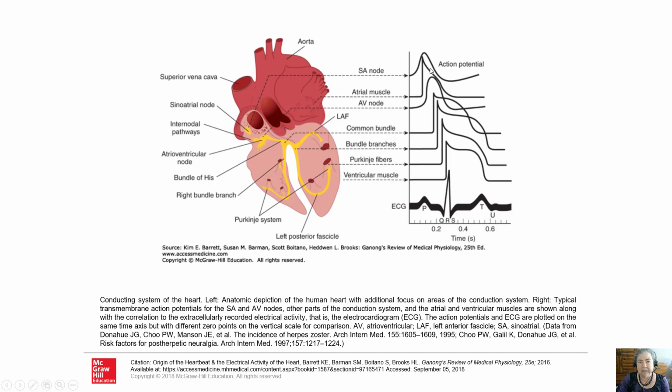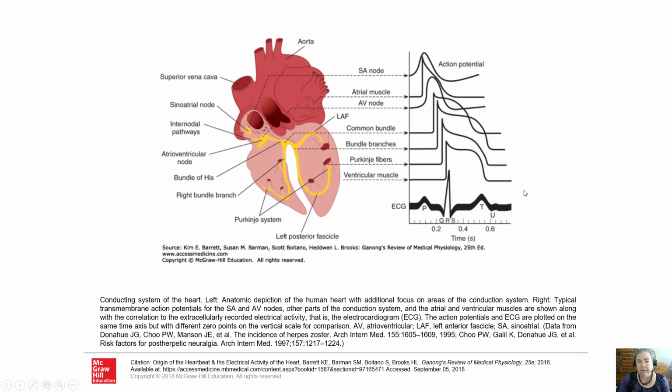The signal reaches the AV node, is stopped by this fibrous material between the atria and ventricles, but proceeds through the AV node, through the His bundle, here called the common bundle, and the bundle branches out to the Purkinje fibers, which take it to the ventricular muscle.